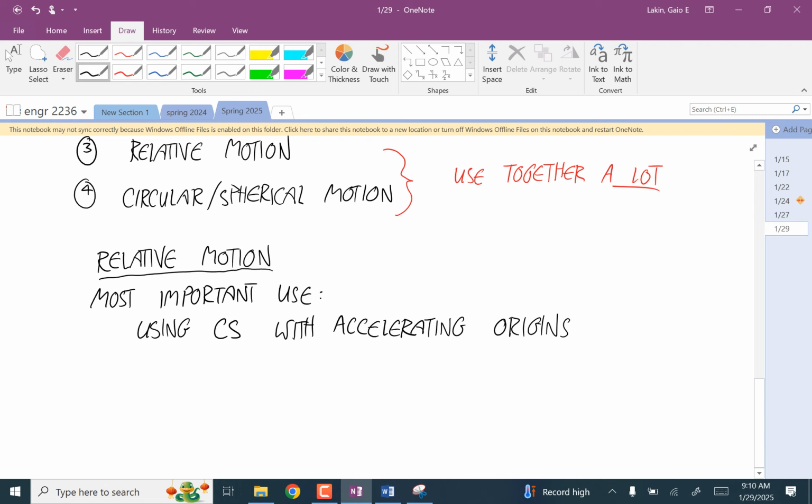Later on, we're going to learn how to deal with coordinate systems that are rotating. But this is how we are going to deal with origins that are accelerating. So this is kind of like dealing with one half of the problems of non-inertial coordinate systems.